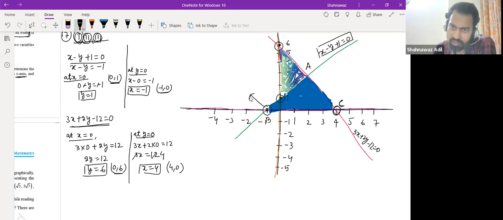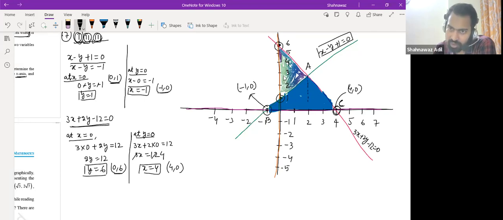This point is -1, 0. This is one vertex. This point is what? 4, 0. So this is 4 comma 0, and this point is the intersection of these two lines.